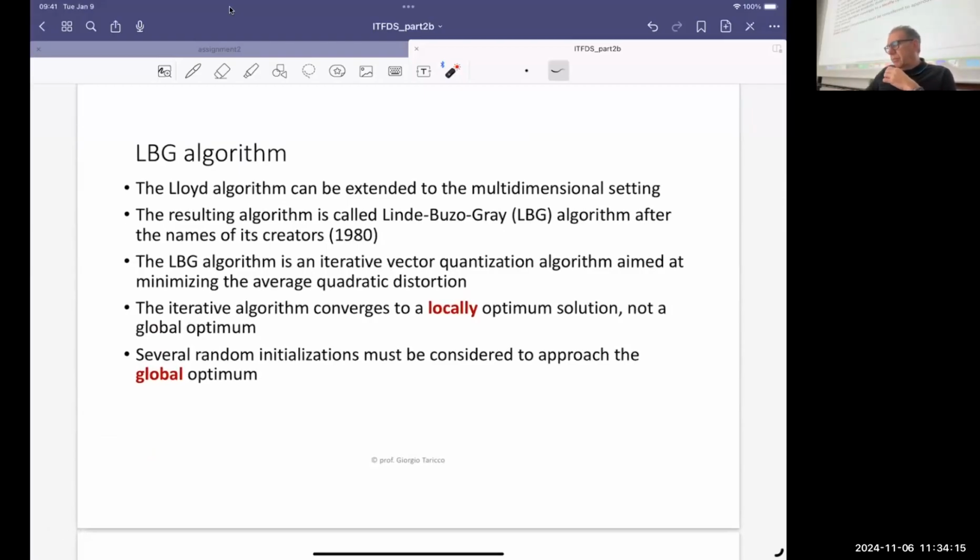This is a relatively old algorithm. It dates back to 1980, and its creators are these three people, Linde, Buzo, and Gray.